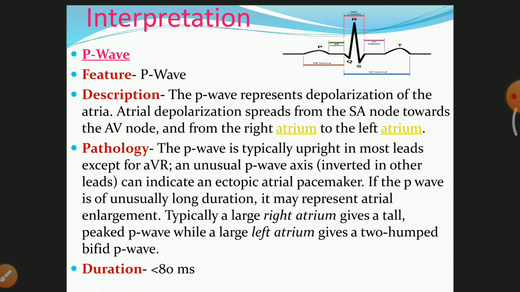Typically, a large right atrium gives a tall peaked P wave, while a large left atrium gives a two-humped bifid P wave. The right auricle gives the peaked P wave, and the left atrium gives a two-humped bifid P wave.